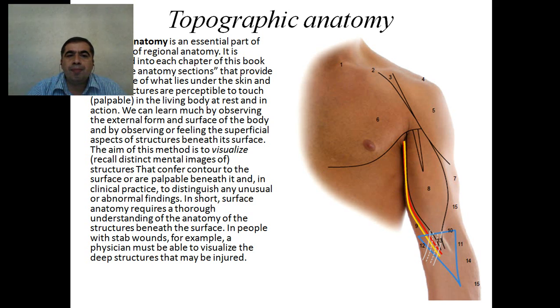Surface anatomy is integrated into each chapter of our lecture and the book in the surface anatomy sections that provide the knowledge of what lies under the skin and what structures are perceptible to touch, palpable in the living body, at rest and in the action.